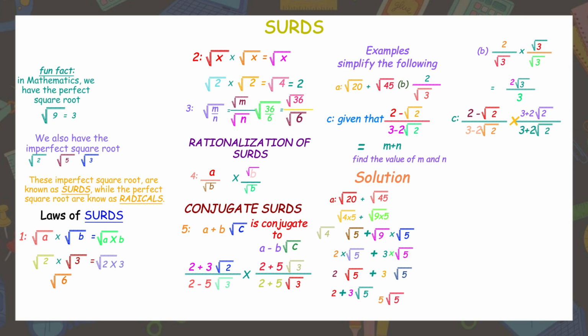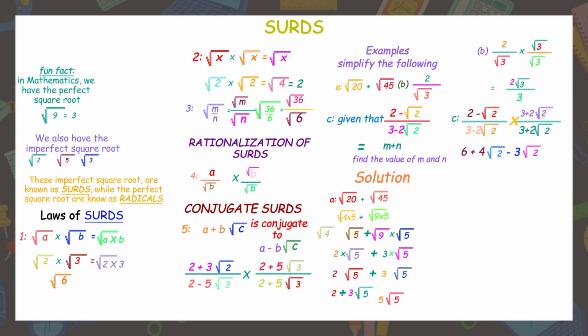So that means we are going to have 2 multiplied by 3 will give us 6. That same 2 multiplied by 2 root 2, this one is positive. 2 times 2 will be 4 root 2. Minus, we must not neglect this negative sign. Minus root 2 times 3 will give us minus 3 root 2.